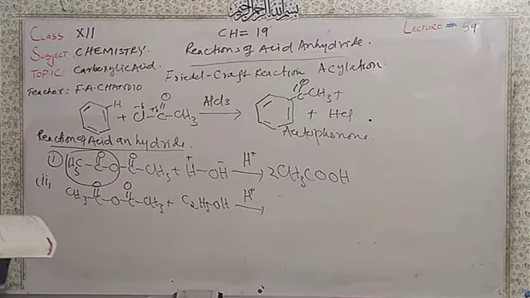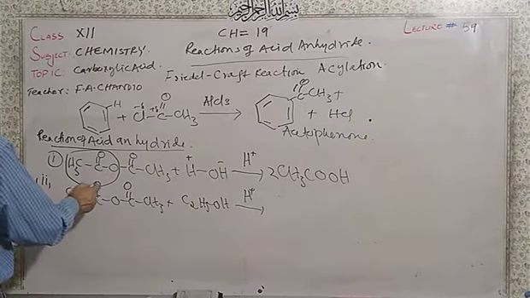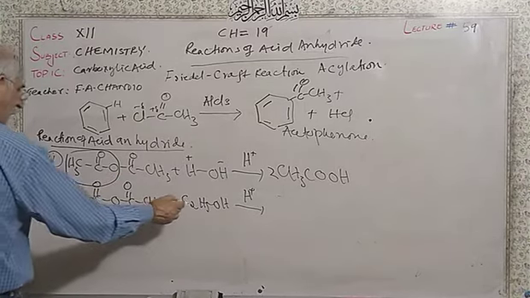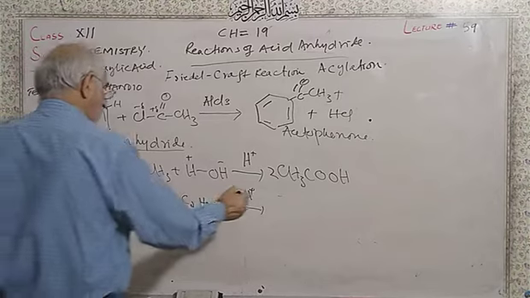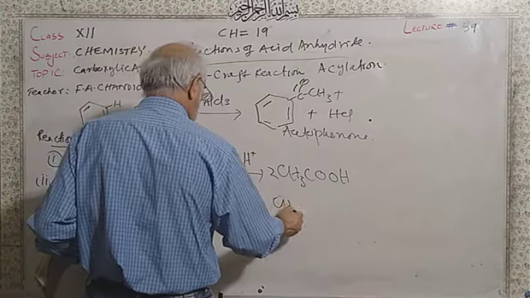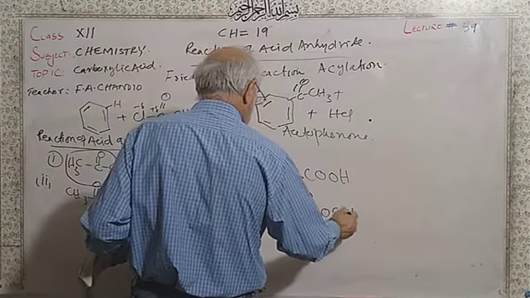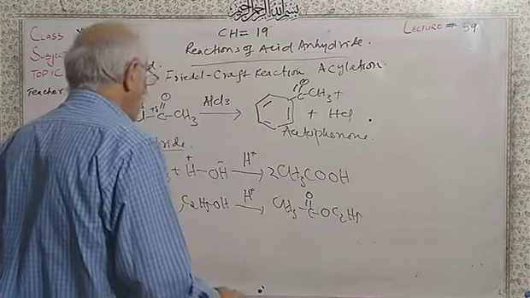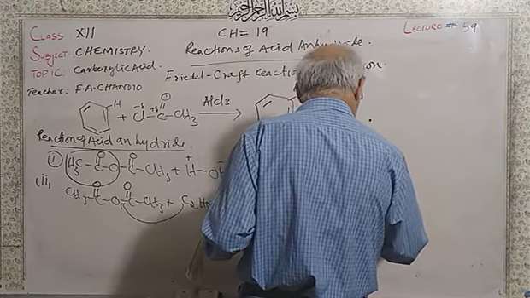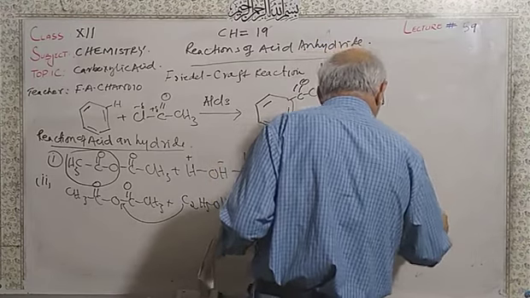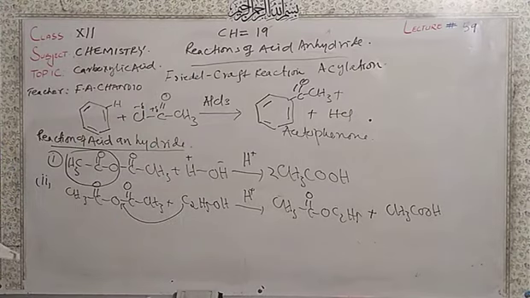Again you will get carboxylic acid and ester, CH3COO, and this alkyl group will be combined here. So CH3, C double bond O, C2H5 is the ethyl ester, and carboxylic acid. So ethyl acetate and carboxylic acid.